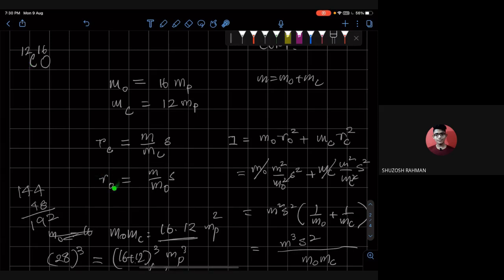So r_O should be smaller than r_C, right? Shouldn't one of them be less than S? Oh, I see what you mean.